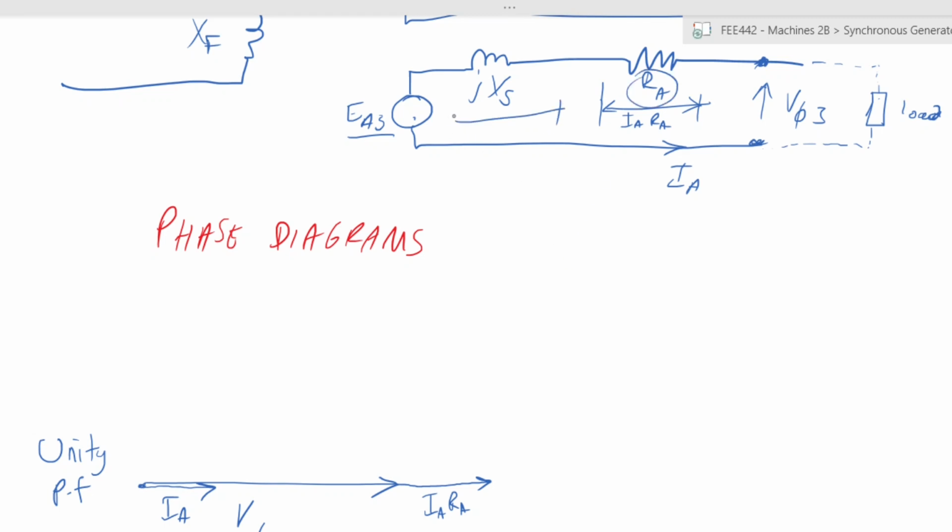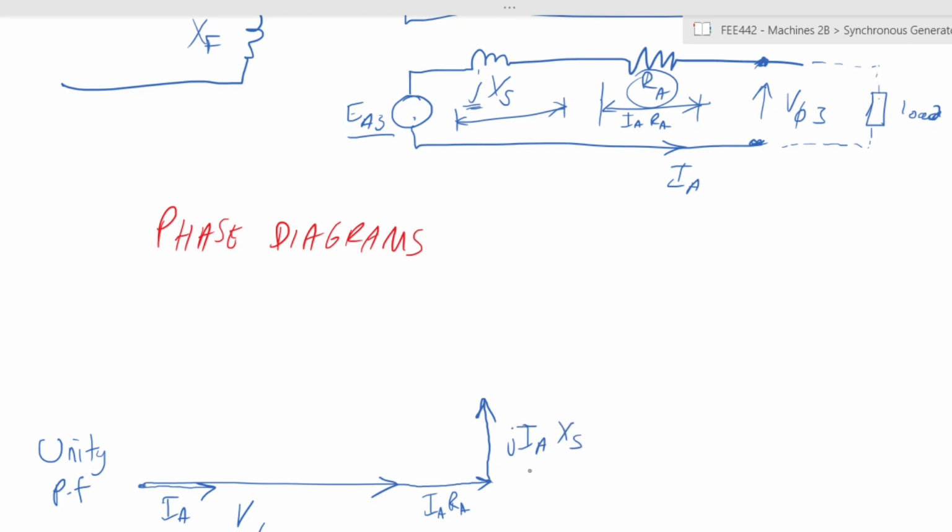Potential drop due to JXS: straight away you have your complex or reactive element. That means the voltage drop there will be at 90 degrees to your current IA because of your J. So you draw it at 90 degrees and you have JIAXS.